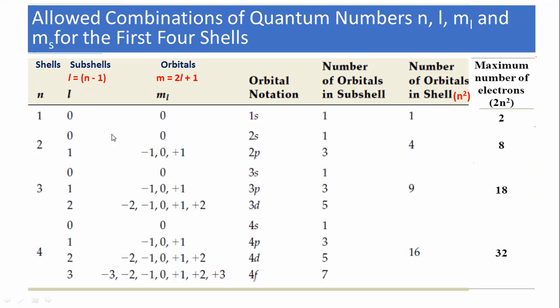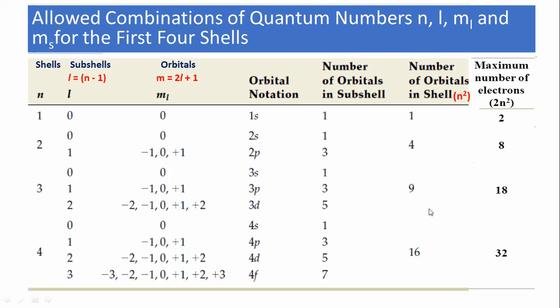And again, when it is 0, this will remain 0, and the orbital notation for this one is 2s, because 2 is the principal quantum number, and when the l value is 0, it is called s. Again, there is one orbital, and the total number of electrons in this orbital will be 2.